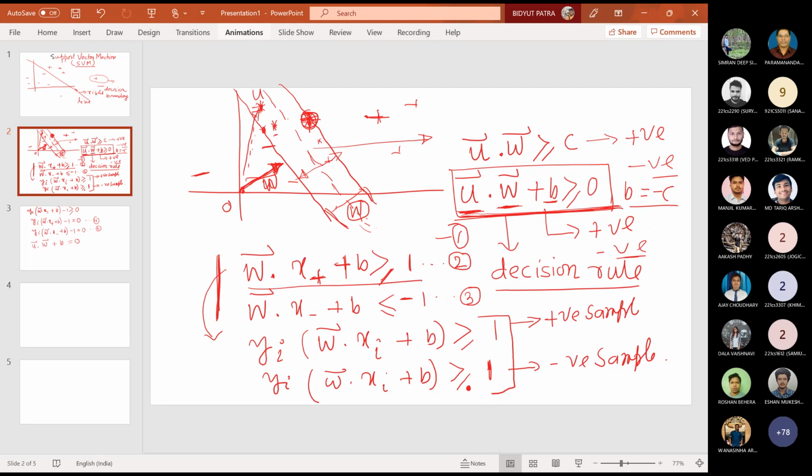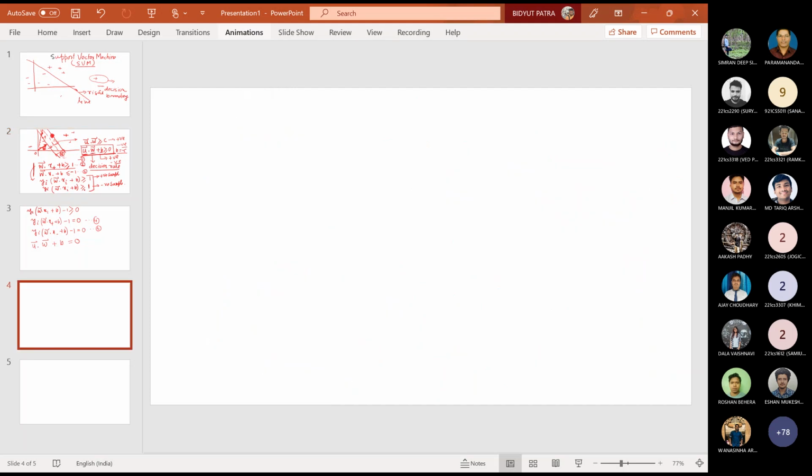So what we can do is draw another picture here. This is a negative sample, this is a positive sample, and we have a line something like that. And we have w. This is x minus sample, this is x plus sample.